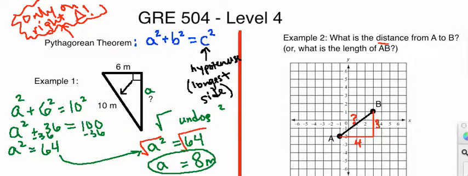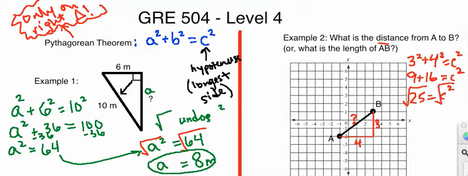So we've got a squared plus b squared equals c squared. Alright, so this is 9 plus 16 equals c squared. 25 equals c squared. And then square root both sides to get rid of that square.